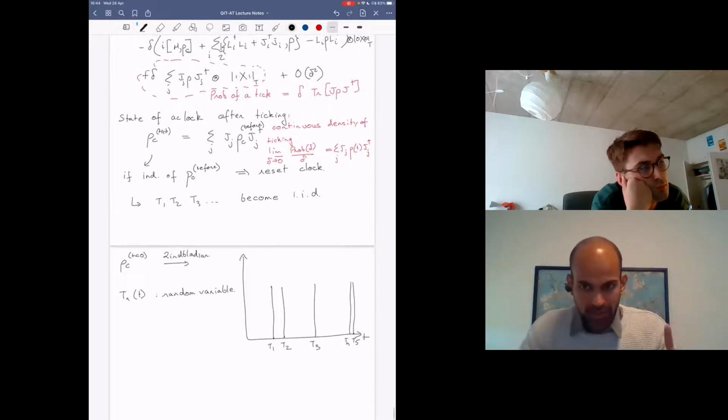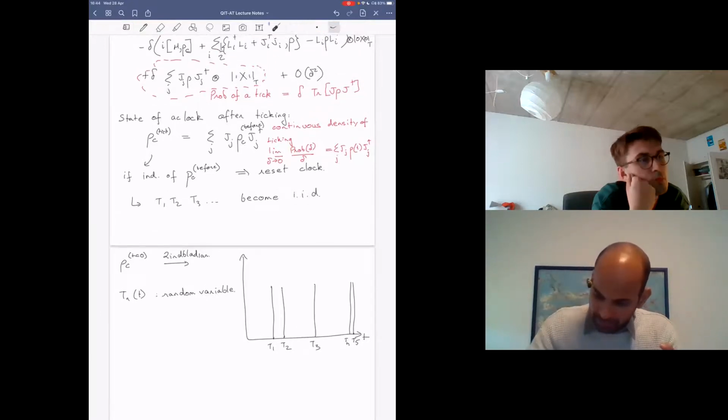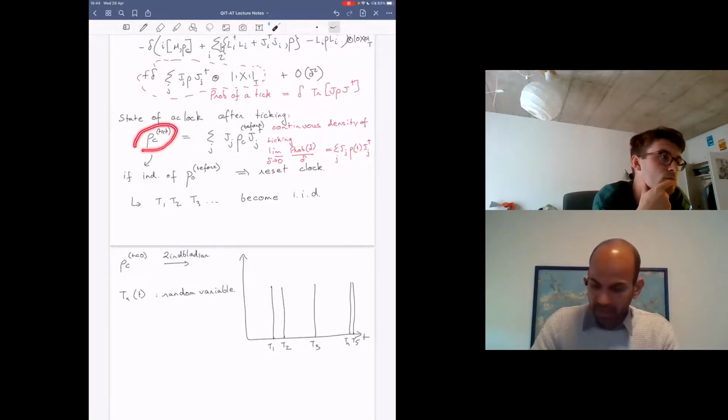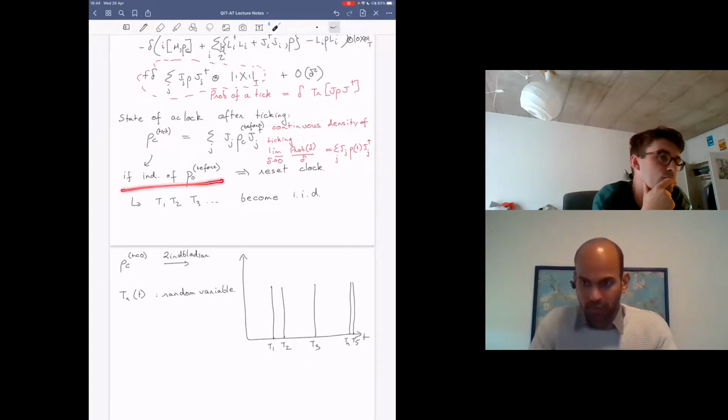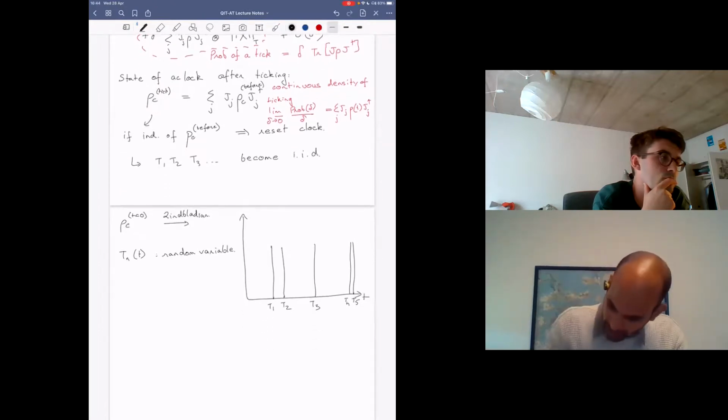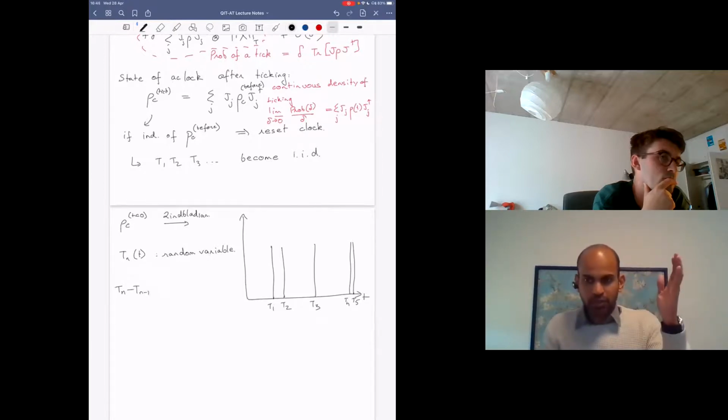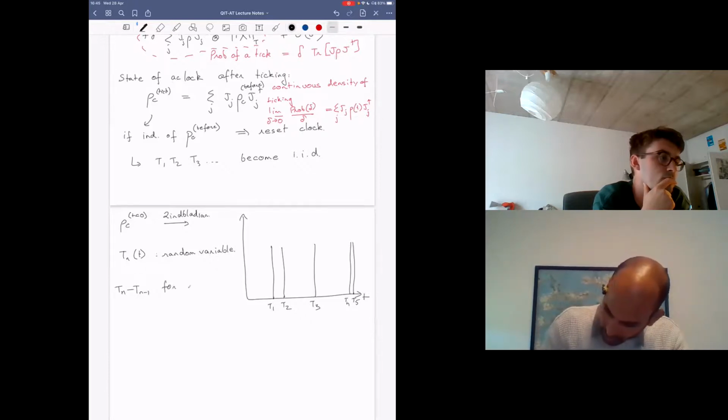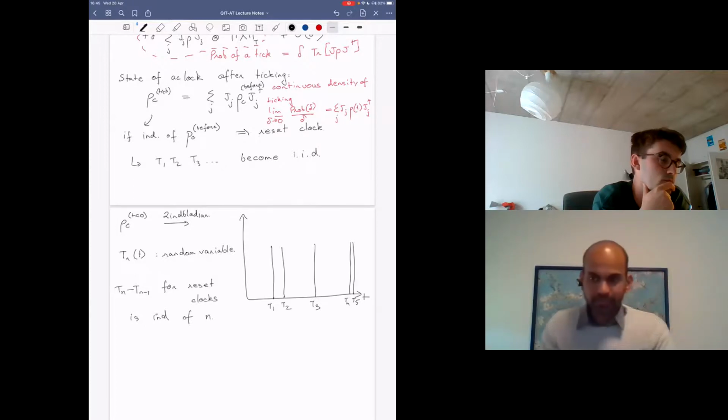The reason that the reset clock is interesting is because if I insist that after ticking, a clock returns to the same state, regardless of what the state was just before ticking, it means that the random variable Tn minus Tn minus 1, the time that it took for the n-th tick minus the time that it took for the n minus 1 tick, for reset clocks is independent of n.